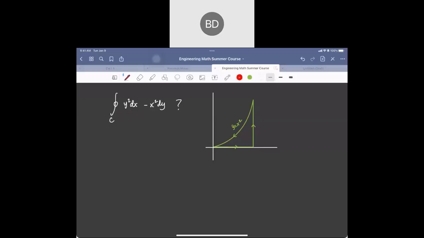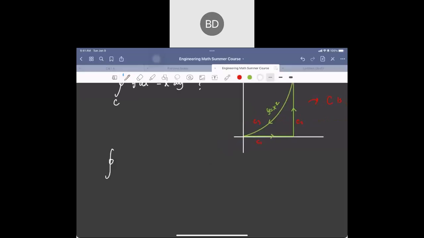Now if we see from the picture, we can conclude that the curve is piecewise smooth, which means we can separate it into, let's say, C1, C2, and C3. Smooth means in every piece there is nothing weird, it's just as usual functions.